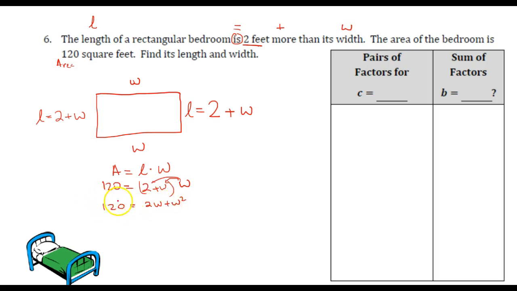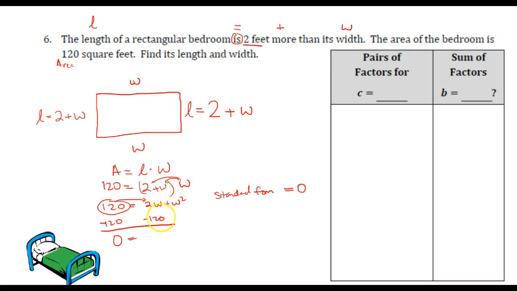I'm going to move this around. So I'm going to keep it in standard form. And remember, in standard form, I have to have one side equal to 0. And of course, neither side is equal to 0. So I'm going to move this 120 over. What is the opposite of a positive 120? Negative 120, right? So I'm going to take away 120, which is 0.